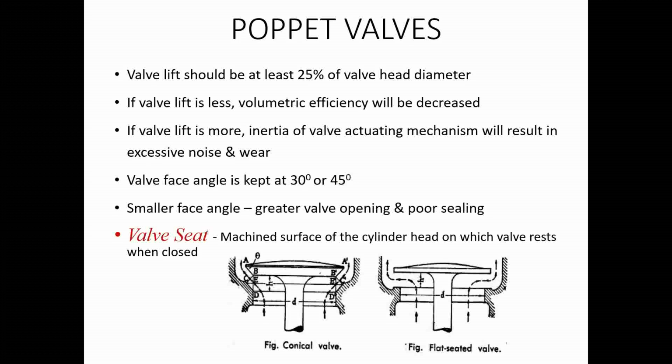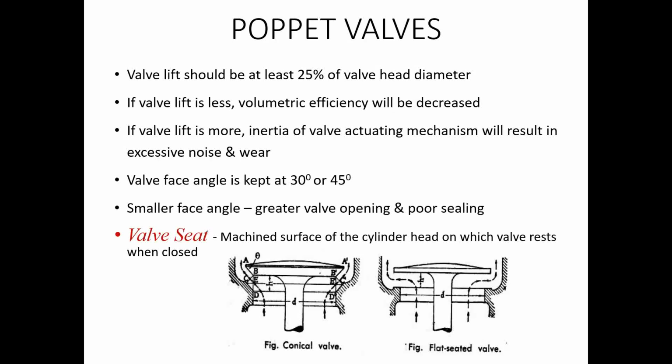Smaller phase angle results in greater valve opening, but it also results in poor sealing, because we cannot control the proper sealing of the valve, and results in decrease of volumetric efficiency.